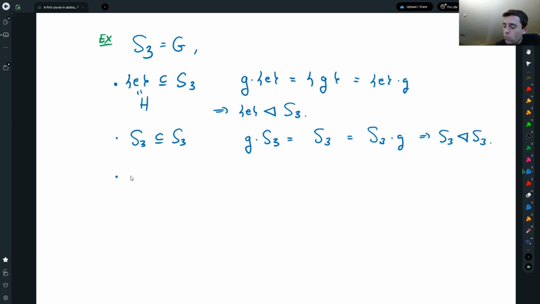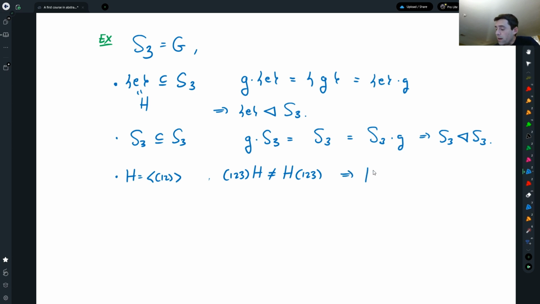Now, when we looked at the subgroup generated by (1 2), we saw that there is already one element that doesn't work, and that (1 2 3)H is not H(1 2 3). If you want to prove a subgroup is normal, you have to prove it for every G. But if you want to prove that a subgroup is not normal, it's enough to find one G where it doesn't work.